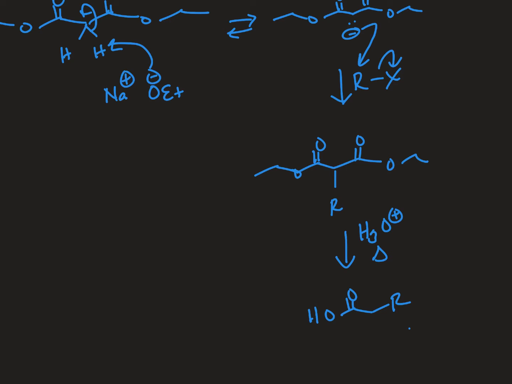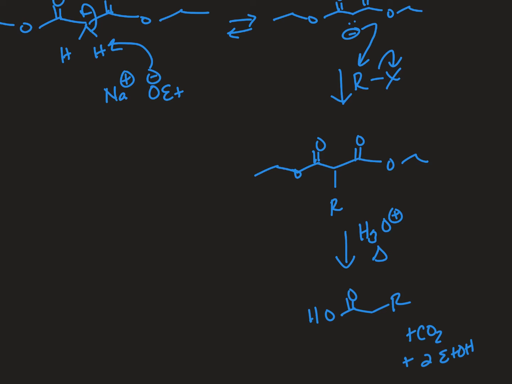The byproducts are CO2 and 2 molecules of ethanol. So notice what is happening. I am breaking this bond, and I'm also getting rid of the ethyl group and protonating to make the carboxylic acid. So anytime you put an ester in acid, it's going to convert to the corresponding carboxylic acid.